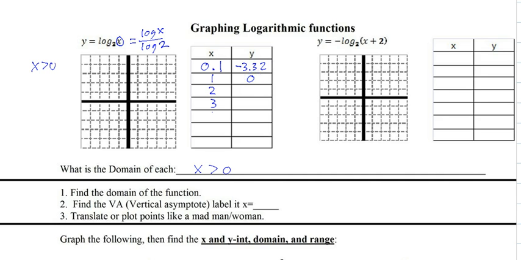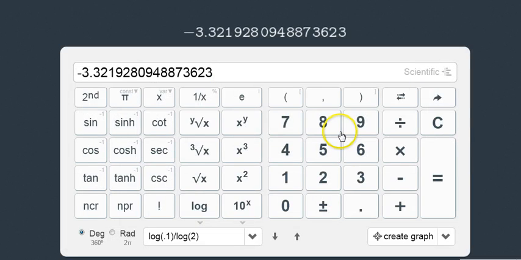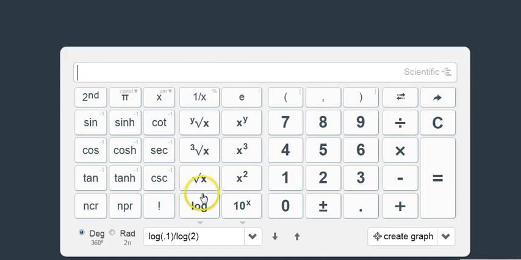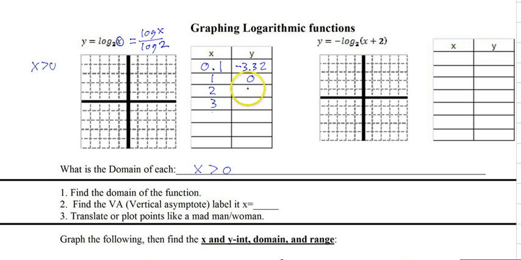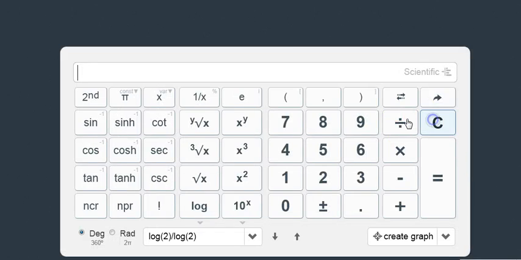And we already know log of 1 is 0. So now we go on to log of 2. Clear. And it's going to be log of 2 divided by log of 2. Since it's the same thing, we know it's going to be 1. And now we just need one more. We clear this.